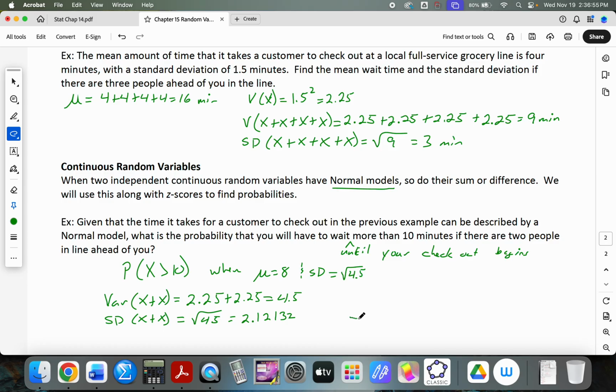Now, to show your work for that, remember, you can do it this way. This is a normal distribution where the mean is 8 and the standard deviation is the square root of 4.5. And we want the probability that this is greater than 10.